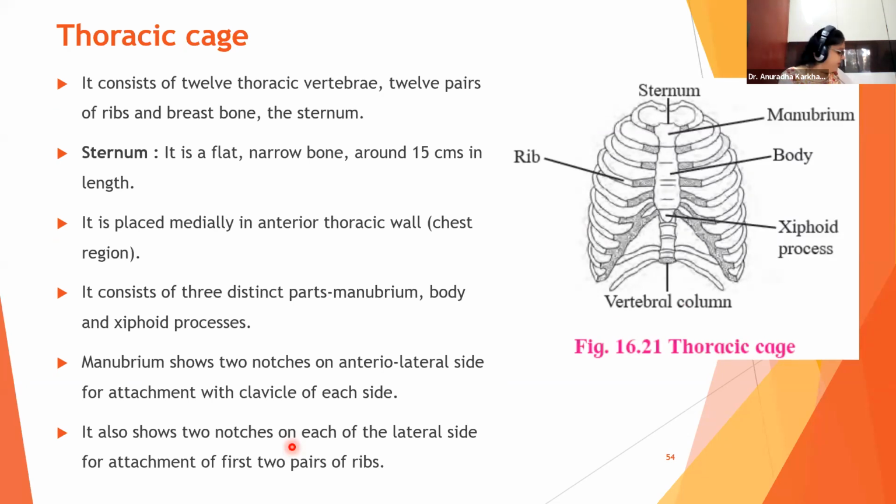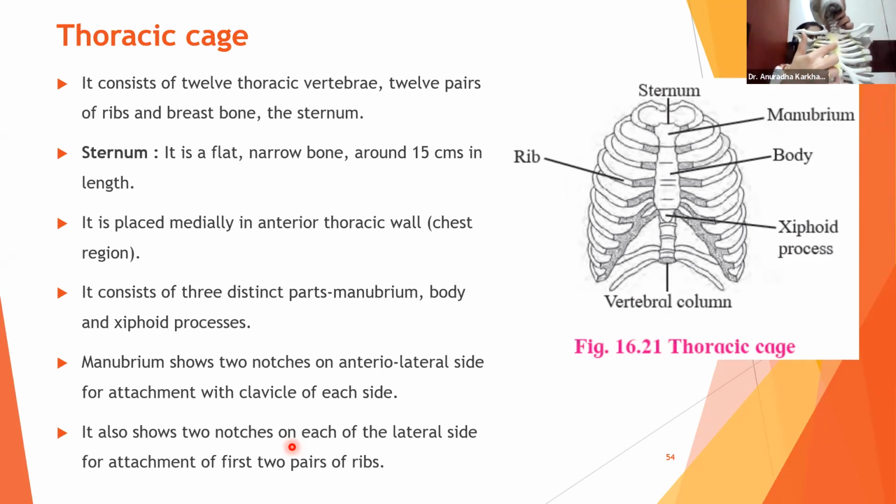So here you can very well see in the diagram, it's perfectly seen. So you can see this portion where my finger is right now. ये देखो ये यहाँ से पूरा. This is going to be the manubrium. Can you see? Yeah. ये वाला part.